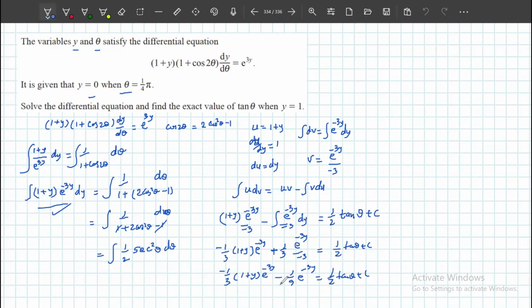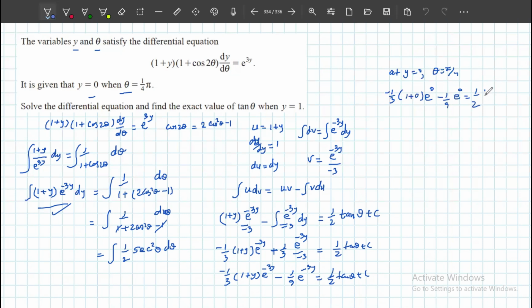Now we will check the constant at y is equal to 0, which means at y is equal to 0 and theta is equal to pi by 4. This gives me what? So minus 1 by 3, 1 plus y is 1 plus 0, e power y is 0, so it becomes 0. So that means minus 1 over 9 e power 0 is equal to, remember, tan 45.